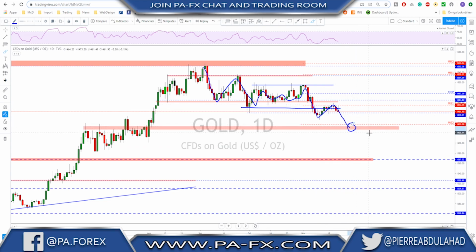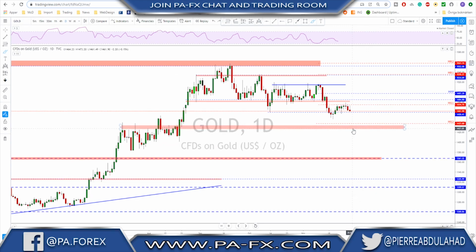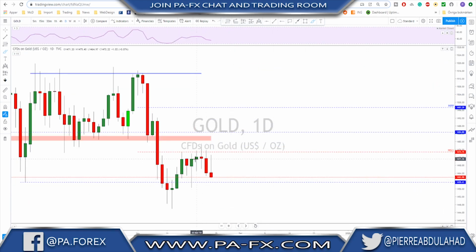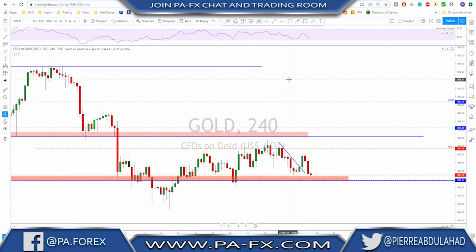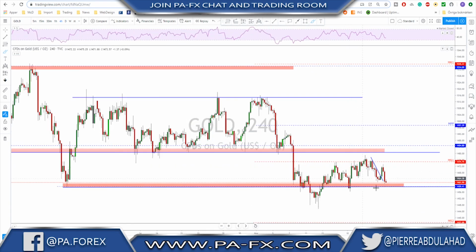So monthly S2 as a possible market objective looks very possible. Looking at the daily candles on this move here, a couple of evening star formations followed by a bearish engulfing, and Friday was another break and close below the previous low. So it seems like we may have a possible continuation to the downside, but be aware of this structure here.